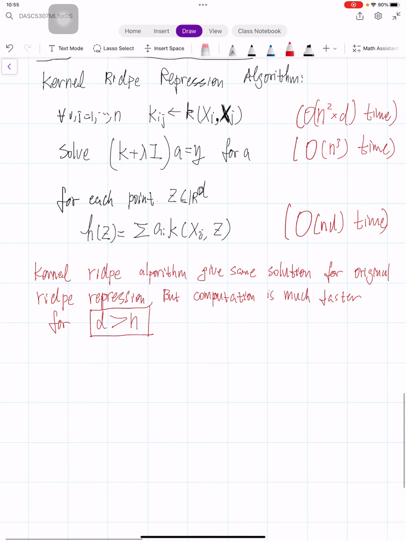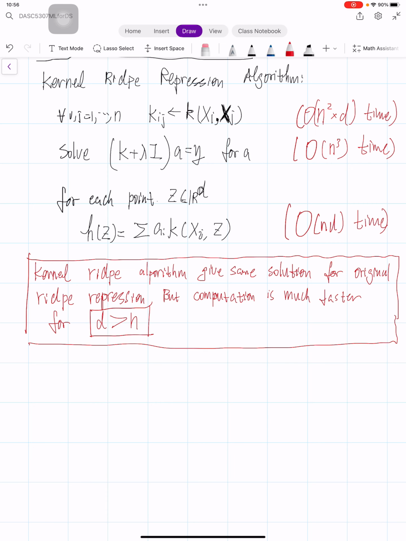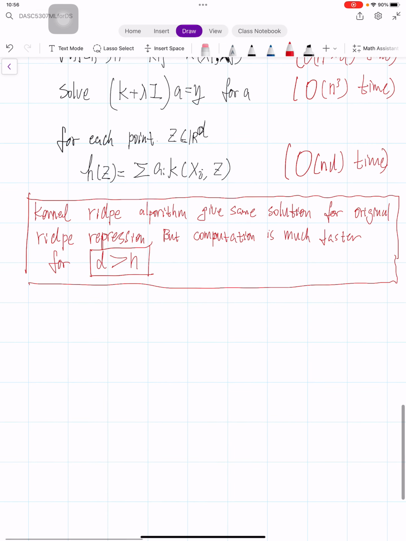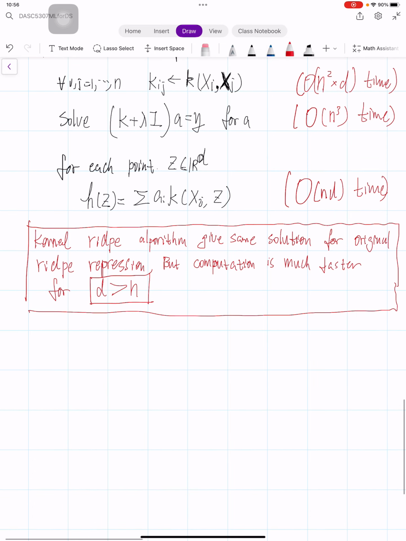Okay, so that's the point. That's the punchline. That's why we use kernel ridge regression to get the nonlinear patterns: it gives the same solution, but the computation is much easier.